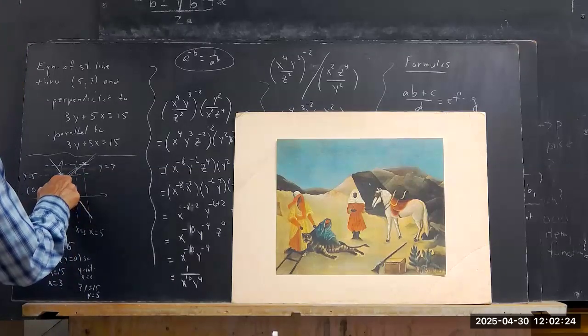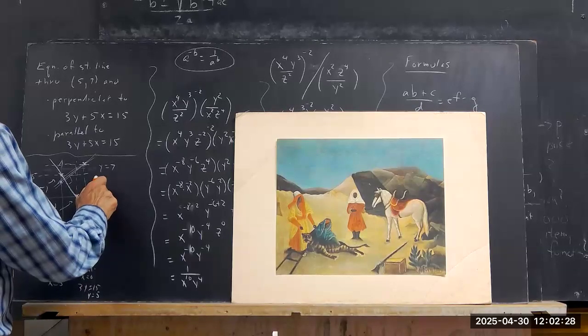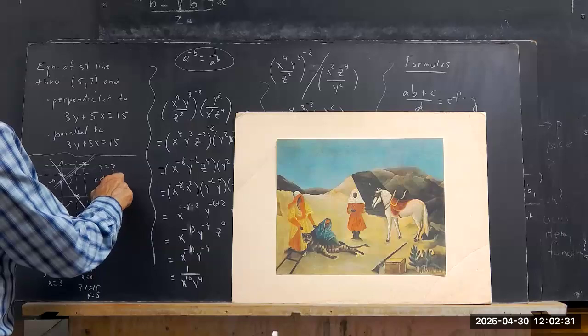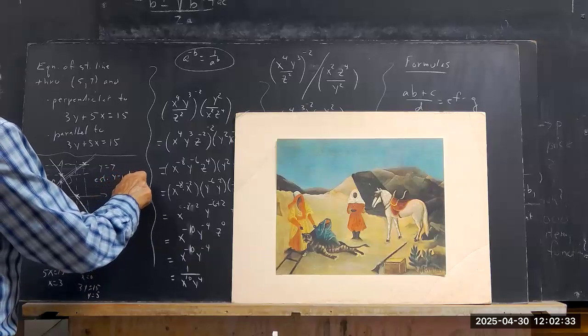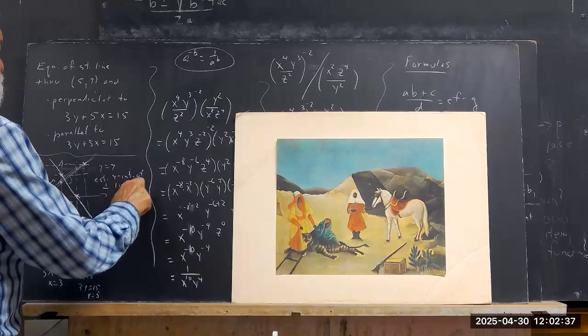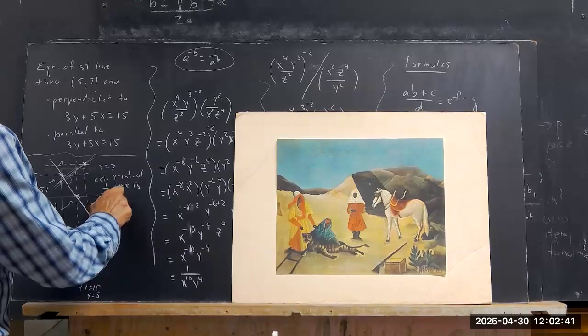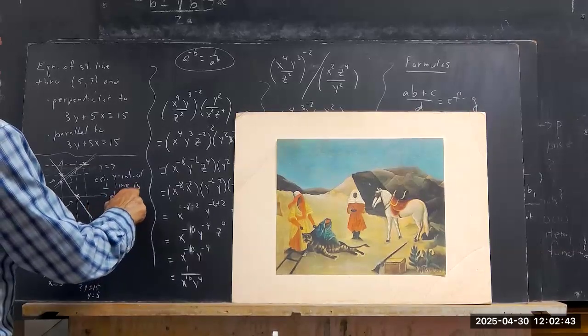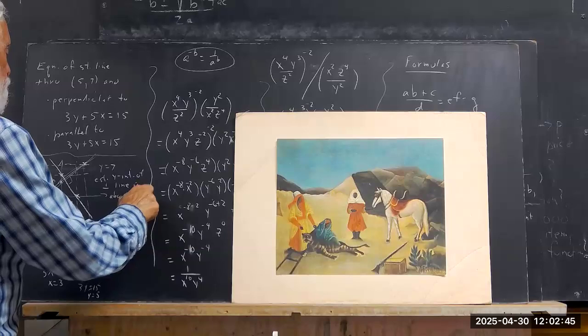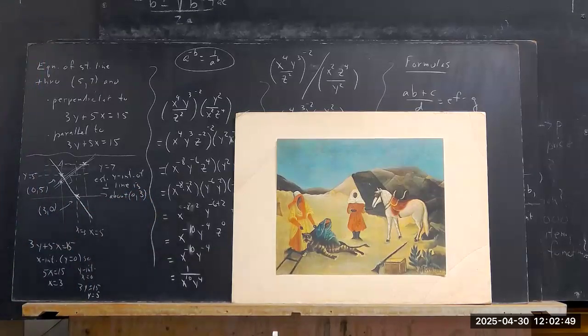And it looks like the y-intercept of the perpendicular line is about (0, 3). If so, the slope would be what?